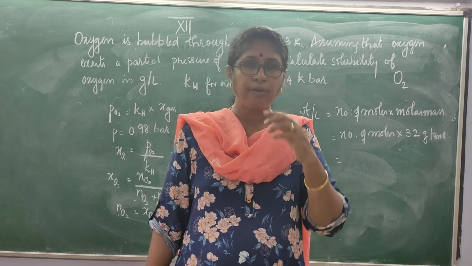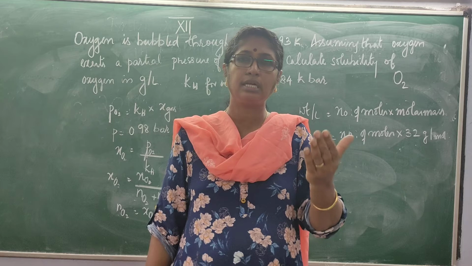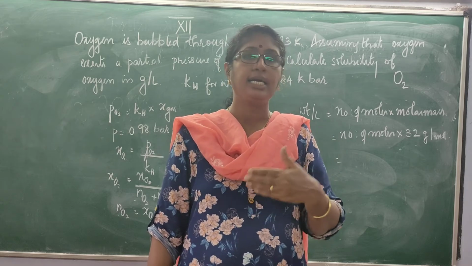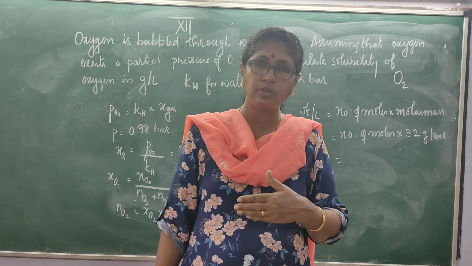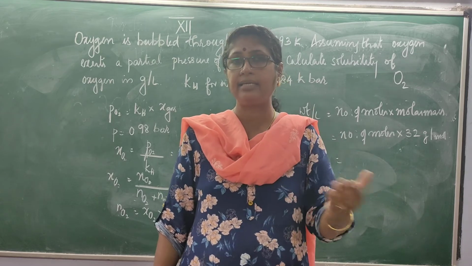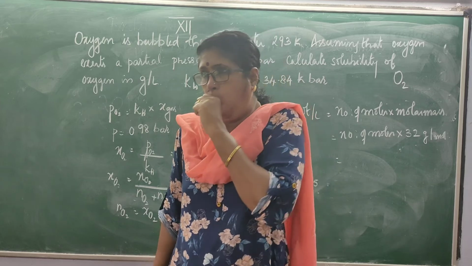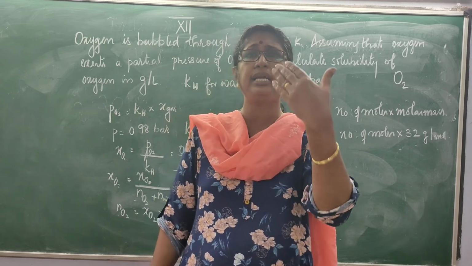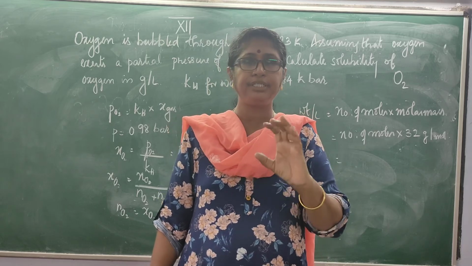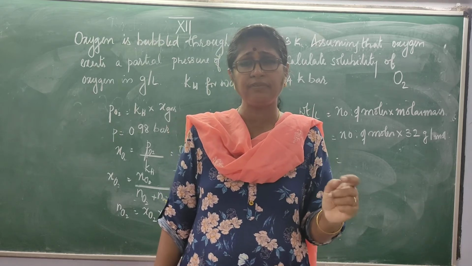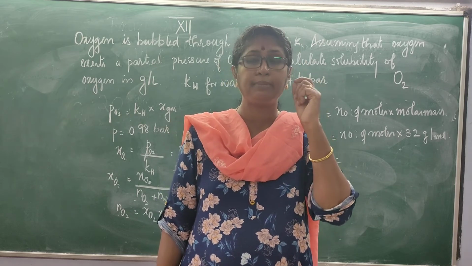As evaporation goes on, the reverse process, condensation, also takes place. The rate of evaporation goes on decreasing as surface molecules decrease, and the rate of condensation goes on increasing. At some point, the rate of evaporation will become equal to the rate of condensation. Then we say that equilibrium is reached.